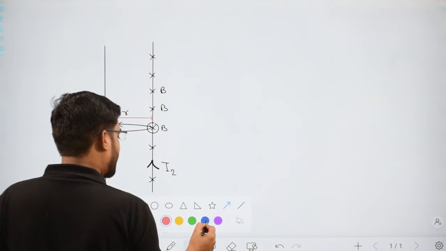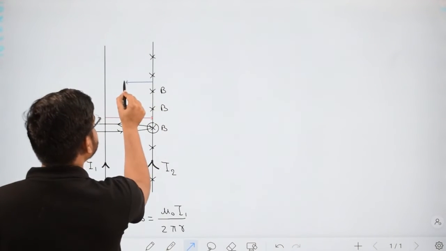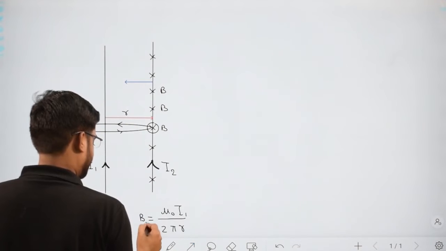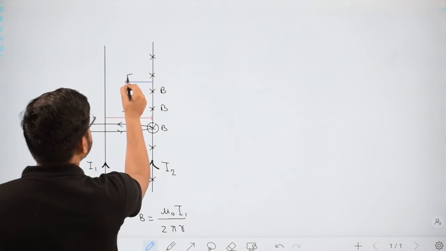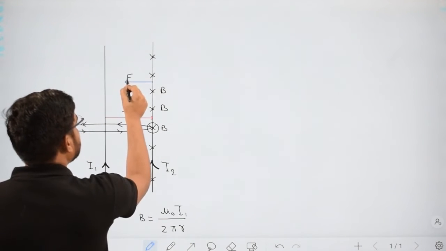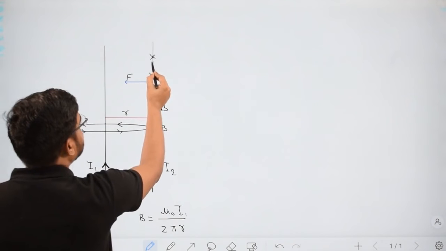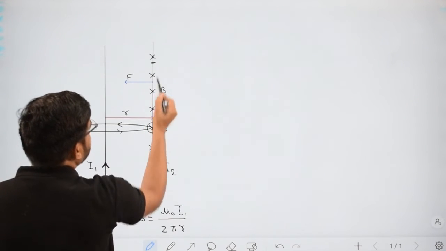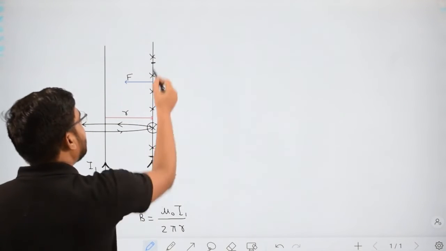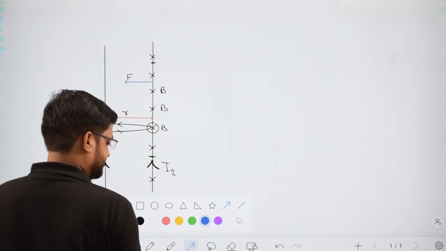Let us find the amount of force experienced by this wire. Let's say it experiences F amount of force, and I am only talking about a limited region, from here to here, and let's say this length is L.